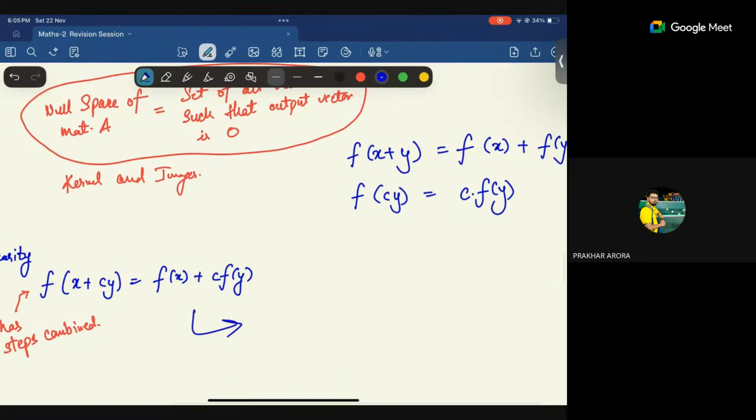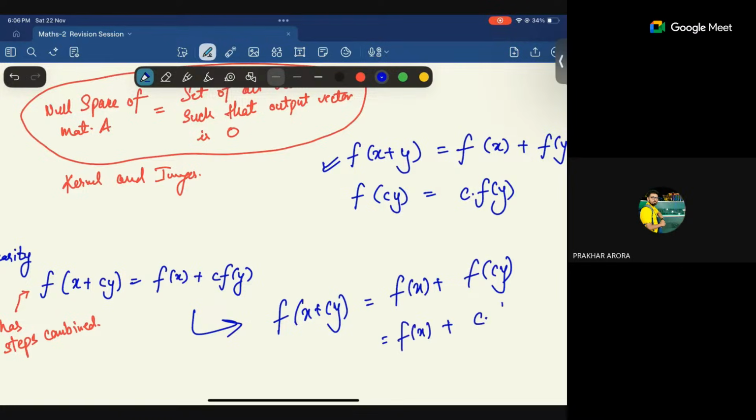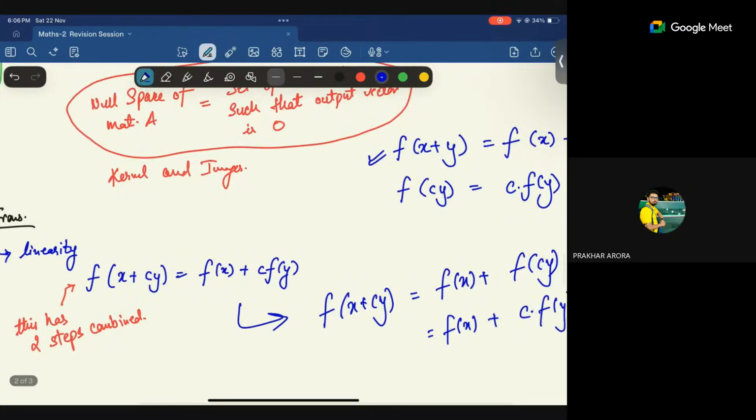If you try to elaborate this, f of x plus cy will become, from this equation, f of x plus f of cy. You are basically splitting here. And now this exact thing will come from here, and you will make it f of x plus c times f of y. As I said, exactly the same thing, but here we have two steps combined.